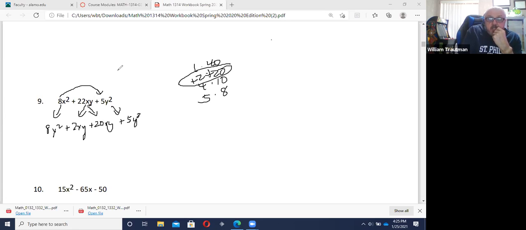Factor by grouping: group the first two, group the second two. A 2 and a y factor out of that first group.